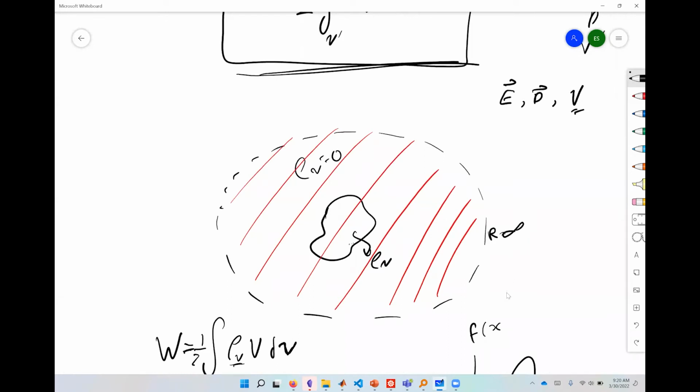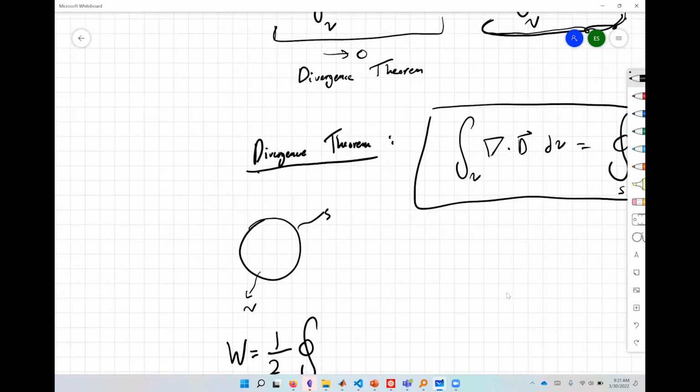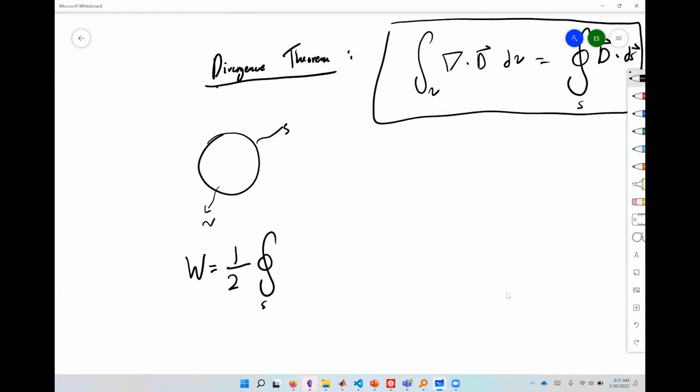So now the boundary is this infinite surface at the end of space, at R equals infinity: the integral of VD dot ds plus half E dot D. Now, all indications state that this might turn out to be infinite for all we know, because we're integrating over an infinite surface.